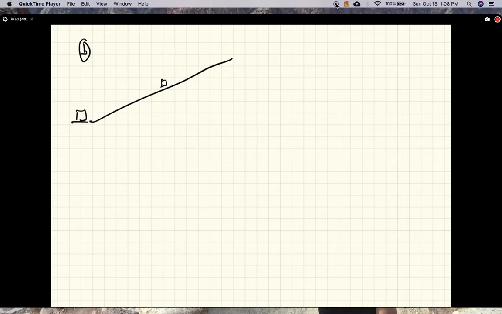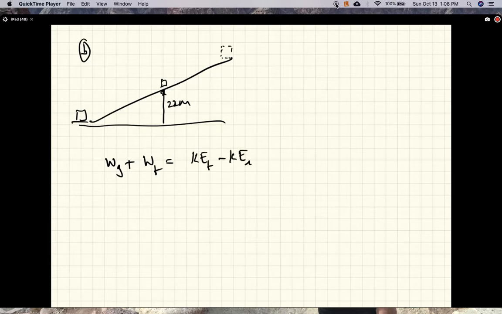It should have gone up that far, but this is how far it went, 22 meters. So now the deal is work done by gravity plus work done by friction is equal to change in kinetic energy. Final kinetic energy is 0. Work done by gravity is UG final minus UG initial, plus work done by friction is equal to minus the initial KE.